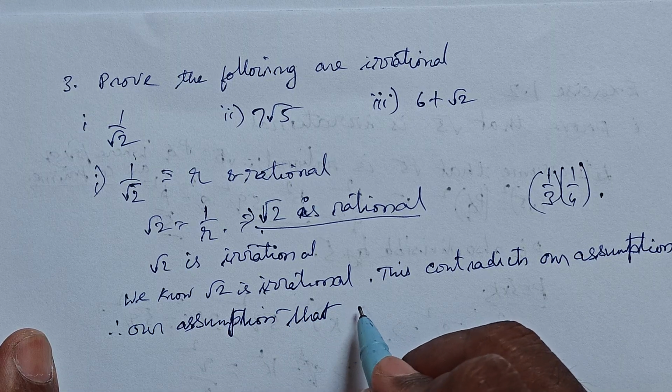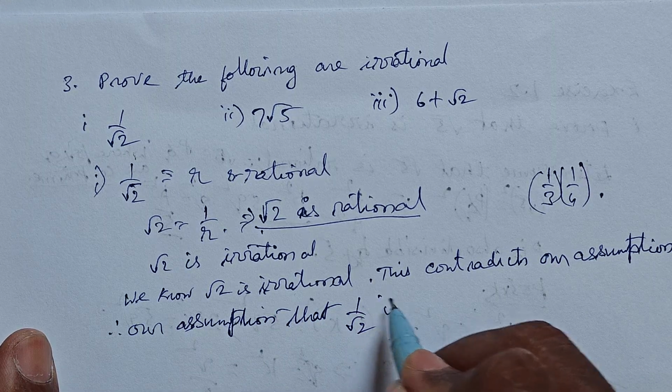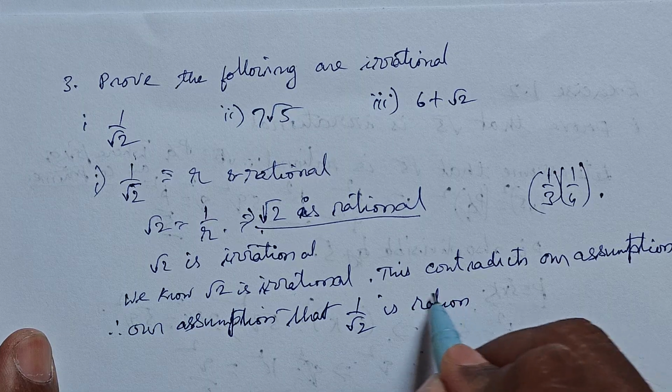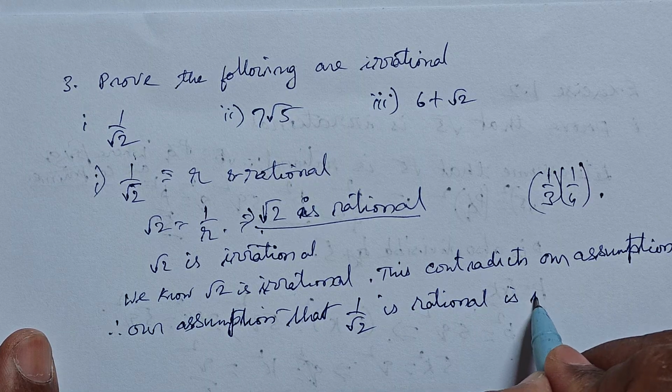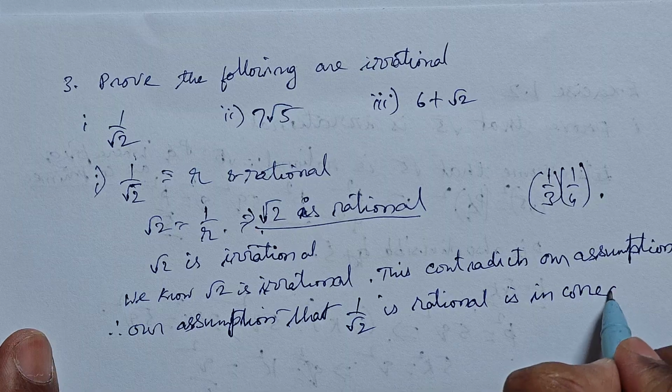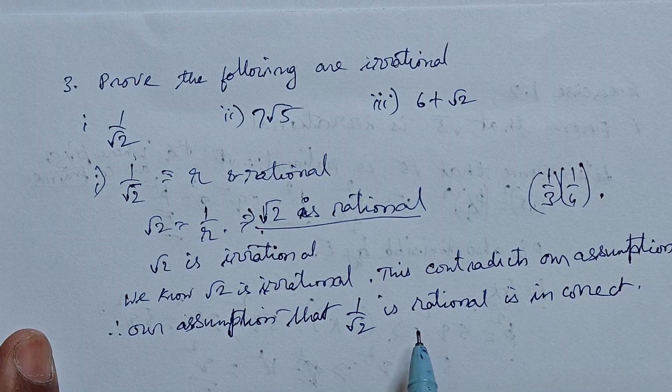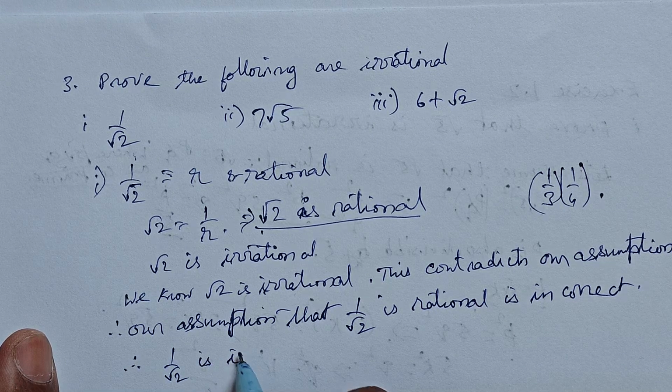Therefore our assumption that 1 by root 2 is rational is wrong or incorrect. What does it mean? If this is incorrect, the opposite is correct, right? That means 1 by root 2 is irrational.